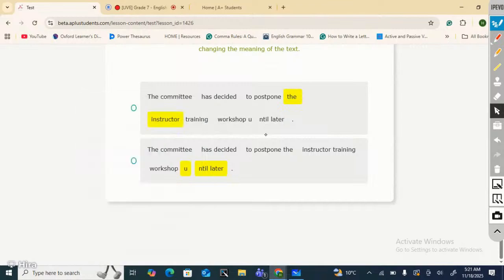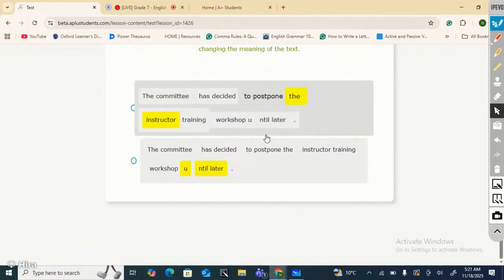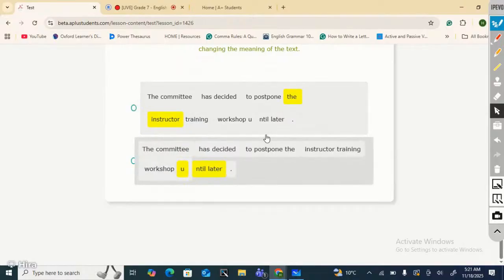Okay, Laval has just joined us and he's saying option one. Option one or option two? Yeah, one. And Ben is also saying it's option one. Well, in option one, the phrase the instructor is redundant. In option two, it's until later.